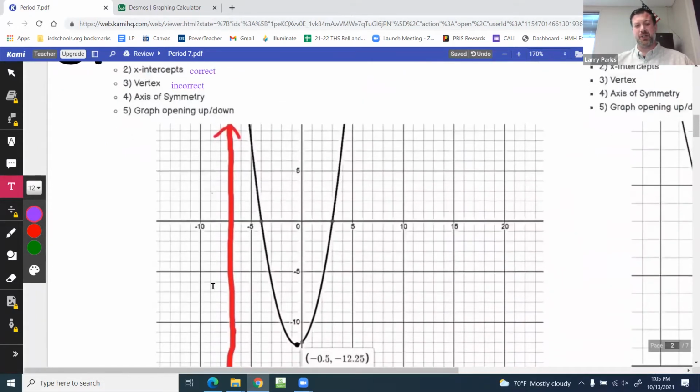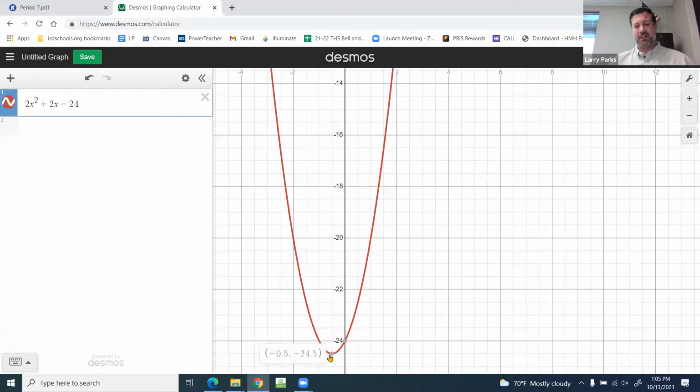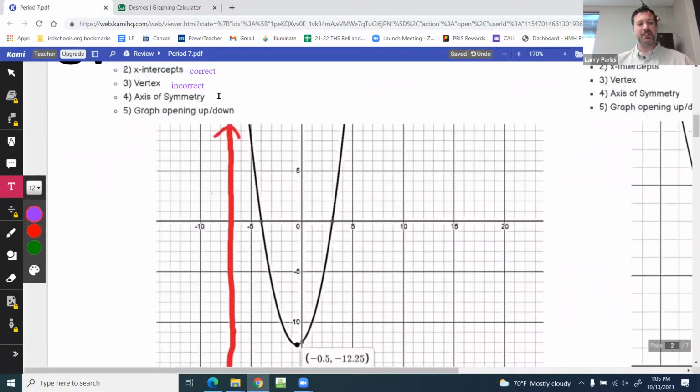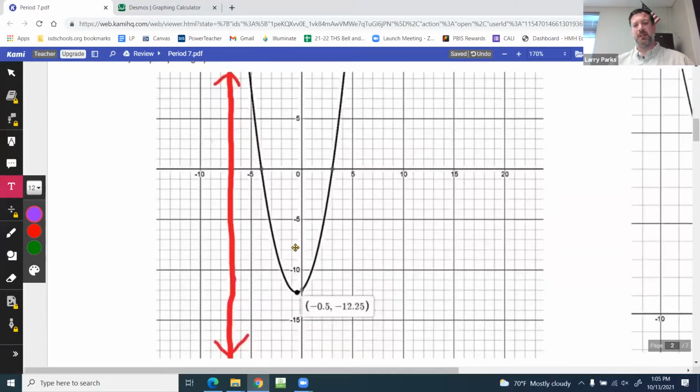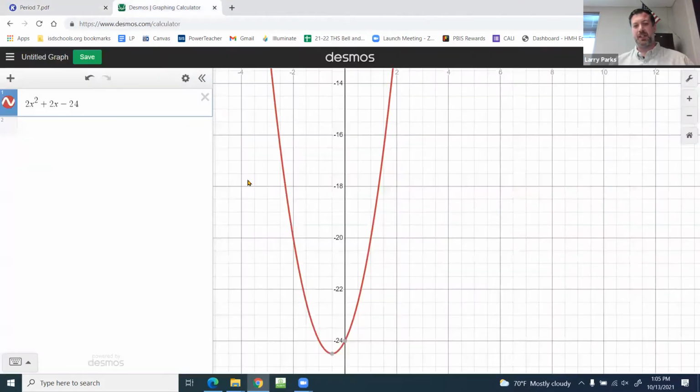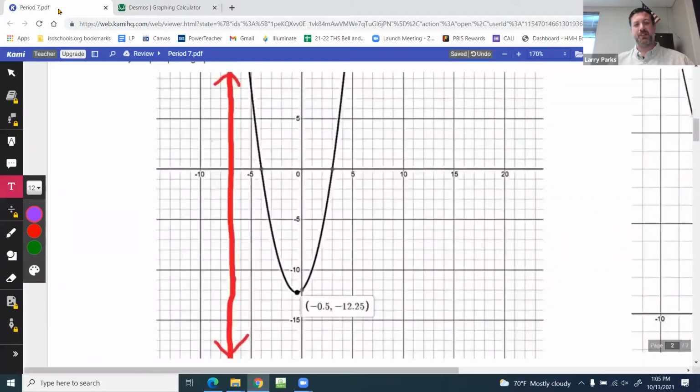Axis of symmetry is way over here. That makes no sense. Okay, so my axis of symmetry here is x equals negative 7. If I were to draw an axis of symmetry on the correct graph, it would be x equals negative 0.5. So that is incorrect. Now, is the graph opening up and down in the correct way? This graph is opening up, and it's supposed to open up, so that is correct.